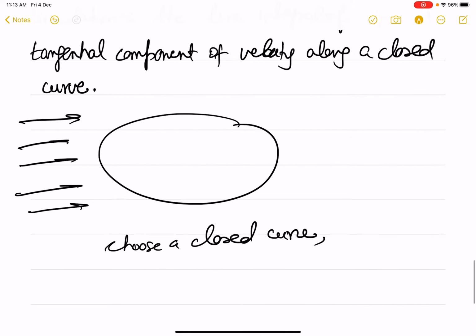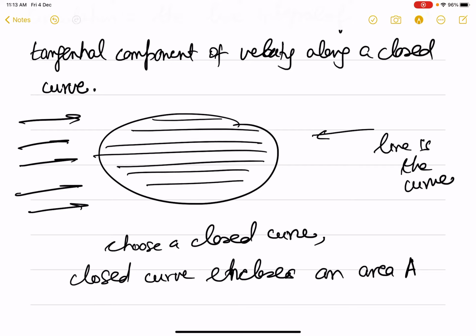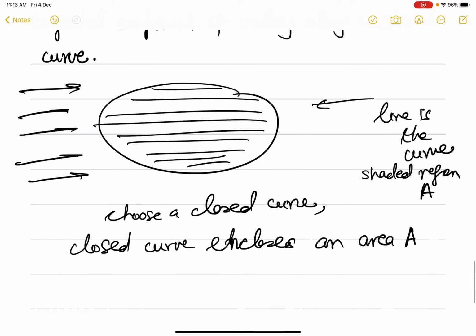This closed curve encloses an area A. Here the line is the curve and the shaded region is the area A.